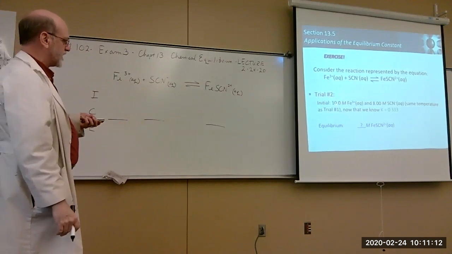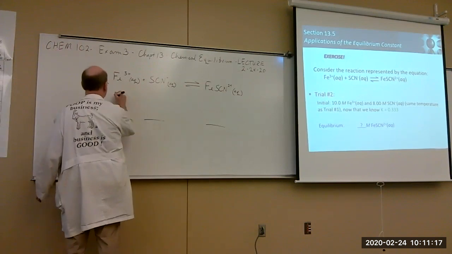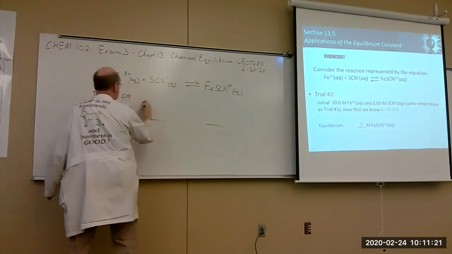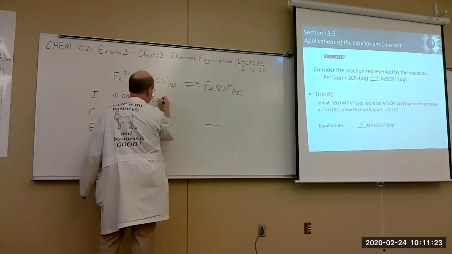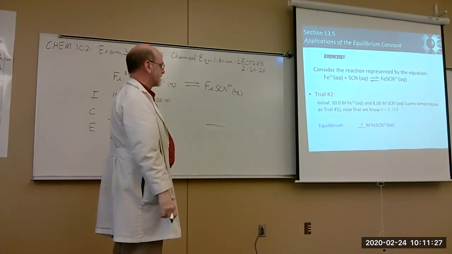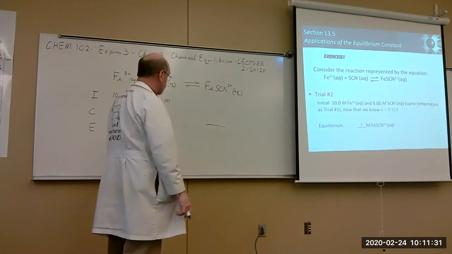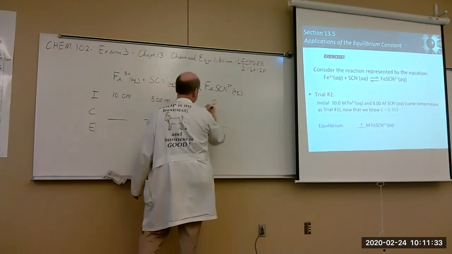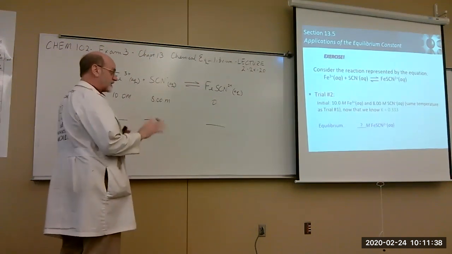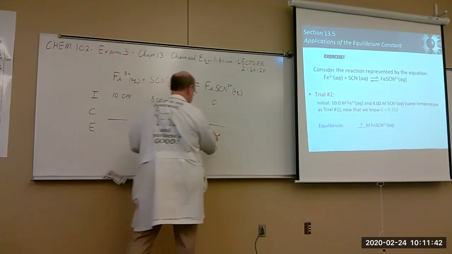Initially, we're starting with 10 molar iron and 8 molar thiocyanate. Initial concentrations, and since we're not given a value for this one, we have to assume it's 0. We're starting with 0. But we are given K, and the question is, what is the equilibrium concentration of this one?